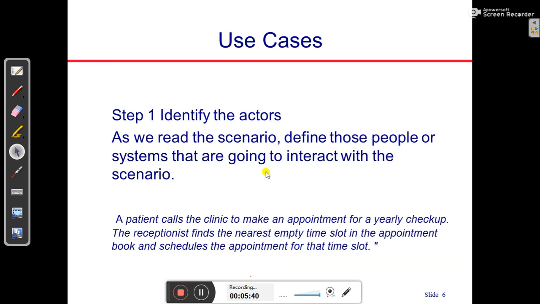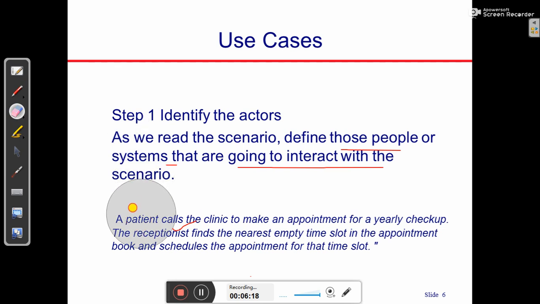Step 1. In this scenario we need to find the actors, that is, identify the actors. As we read the scenario, define those people or systems that are going to interact with the scenario. Here you can obviously see the patient is one actor, and the receptionist is another actor, because that is interacting with the booking process of the appointment.